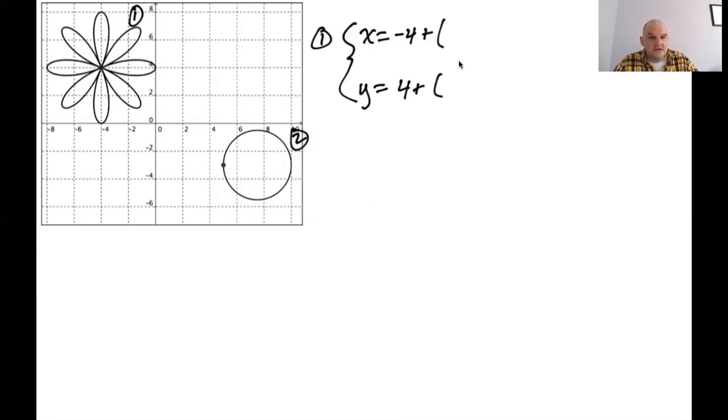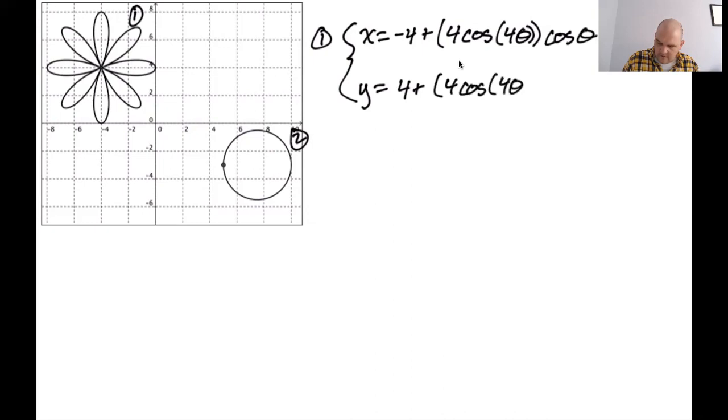There are 8 petals, so n is equal to 4, and the radius is 4. I feel like we've done this problem like 10 times. All right, so 4 cosine 4 theta cosine theta, and then 4 cosine 4 theta and sine theta.